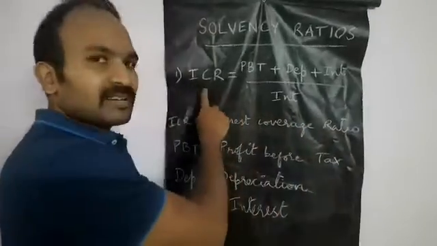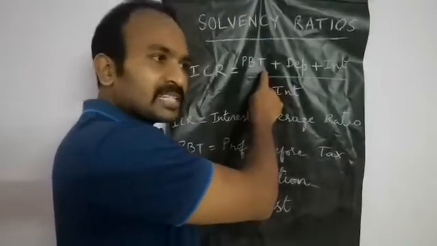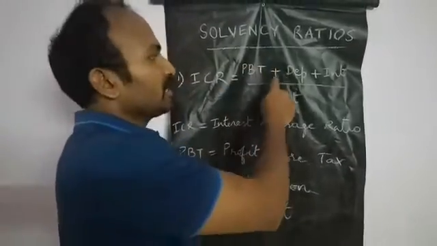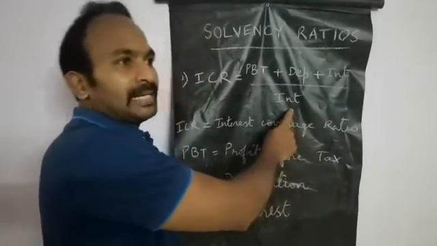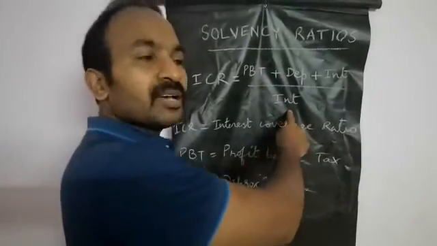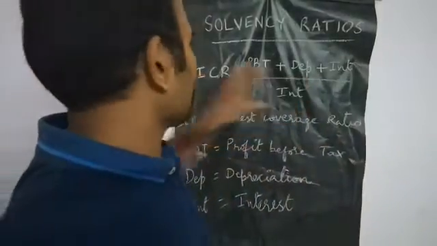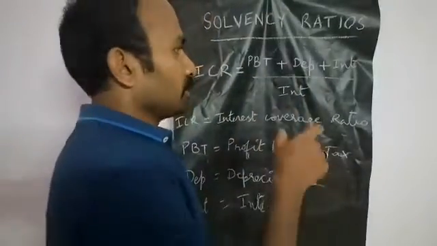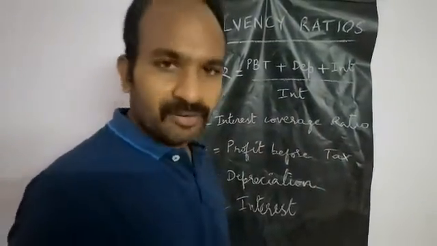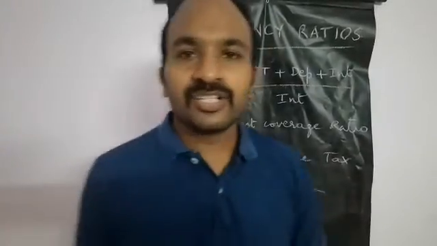So interest coverage ratio is nothing but profit before tax, that means gross total profit, plus depreciation plus interest, divided by total interest to be paid by the firm. So here only the interest part. So interest coverage ratio discusses the interest part of that particular firm's debt. Ideally interest coverage ratio should be more than 1:1.